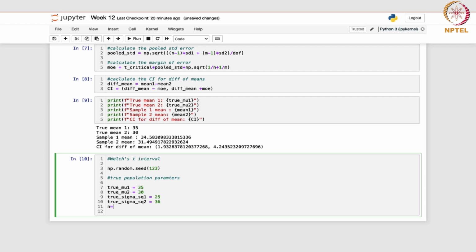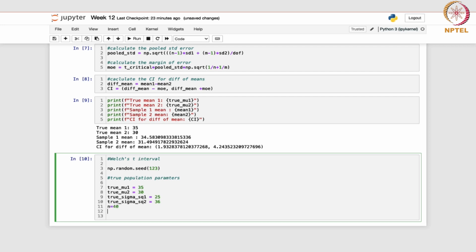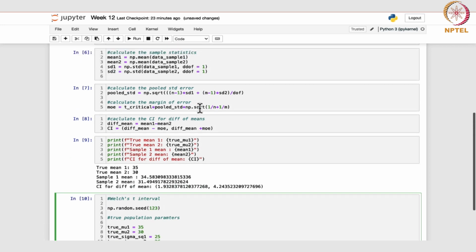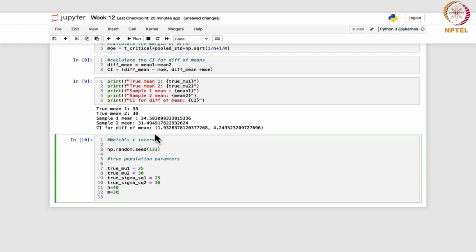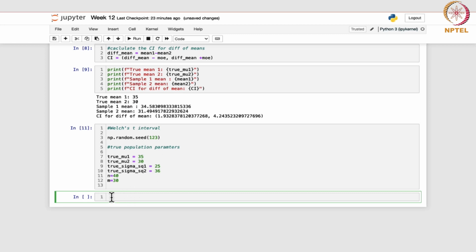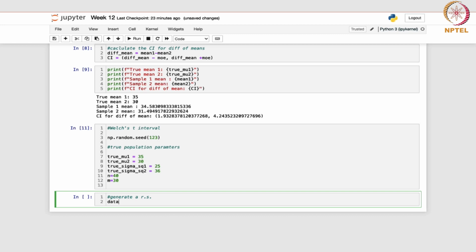Now we can also write the sample sizes, as we have taken earlier also: n as 40 and m as 30. These were the same things that we have defined earlier. Now we are going to generate a random sample from the normal distribution. So data.sample1 is np.random.normal.